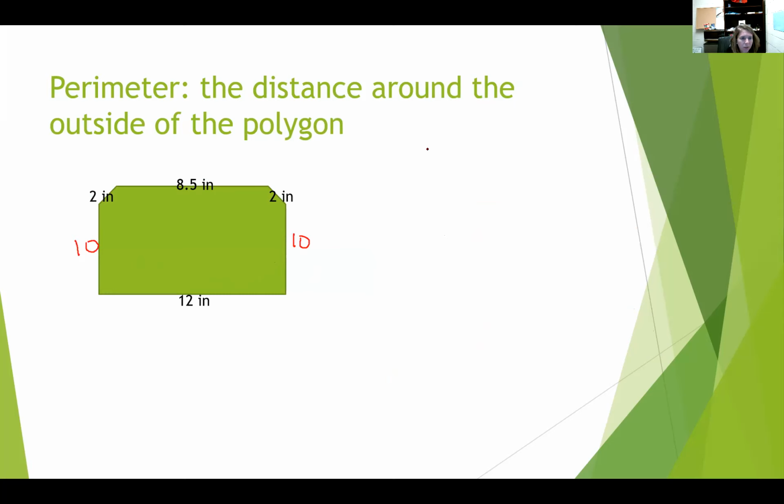So this one, I would add 2 plus 8.5 plus 2 plus 10 plus 12 plus 10. And I didn't put the inches up there, but you need to always have the units on here. 2 plus 8.5 plus 2 plus 10 plus 12 plus 10. All right, so that's going to be 44.5 inches, okay?